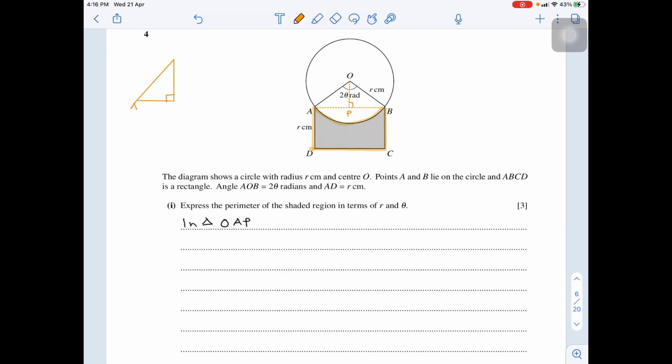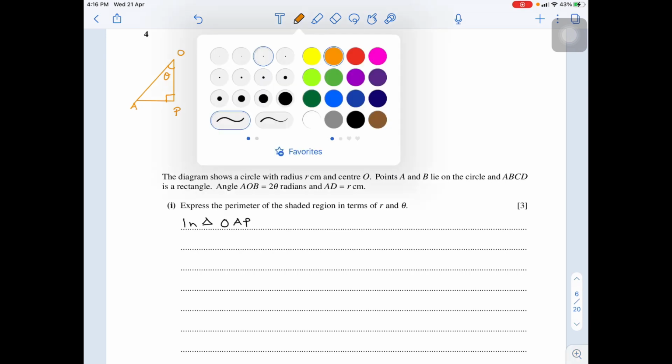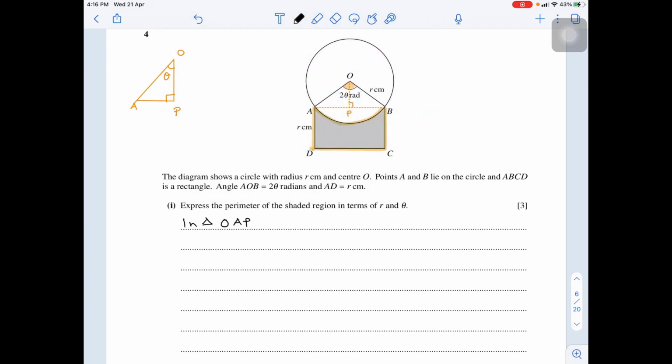So I can draw that here. That's A, that's O, that's P. The full angle was 2 theta radian. So half the angle will be theta radian. Why half? Because whenever you draw a perpendicular bisector, it divides the angle into half. So 2 theta becomes theta.